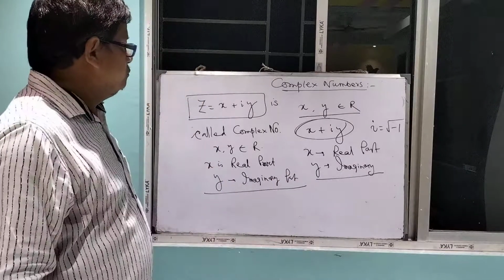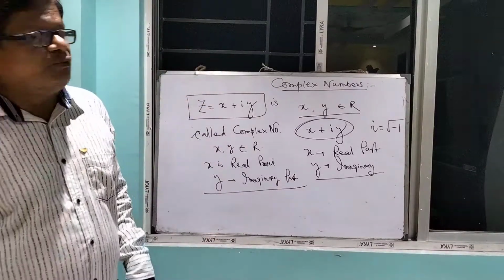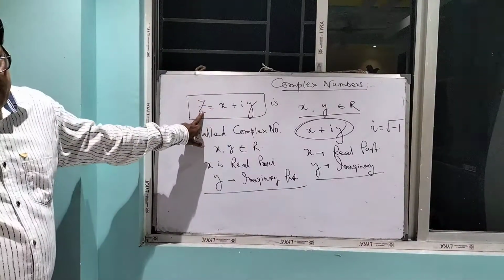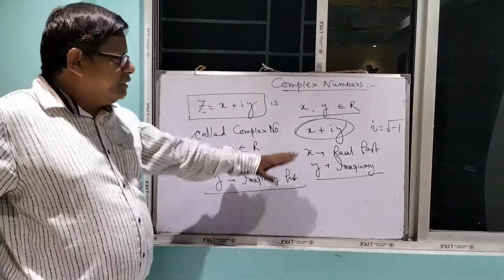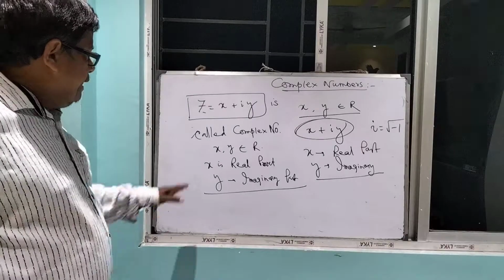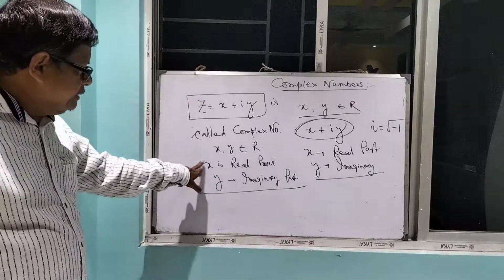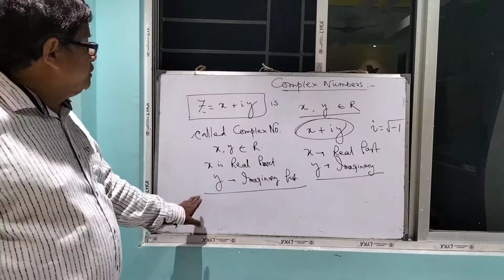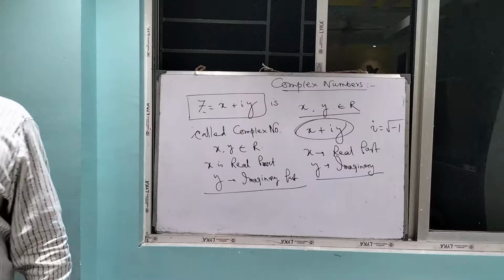Note it down. z equals x plus iy is called a complex number, x y belongs to R, real number. x is the real part, y is the imaginary part. Note it down, hurry up.